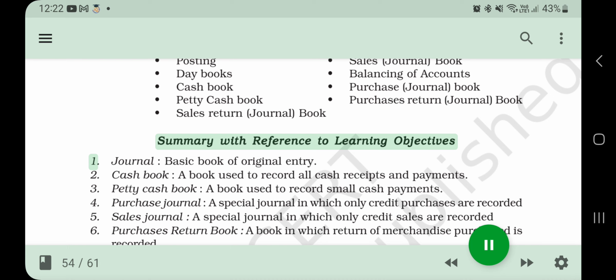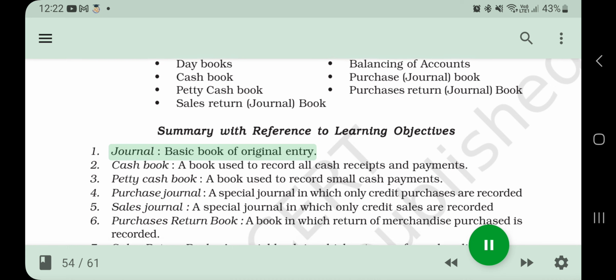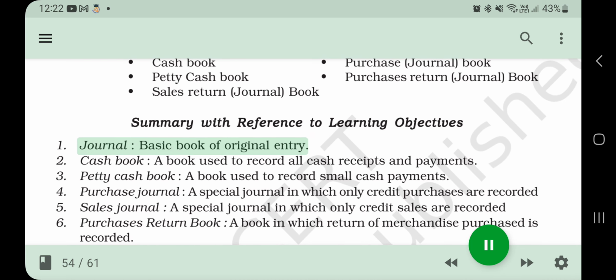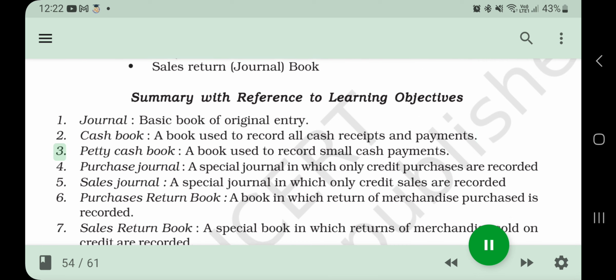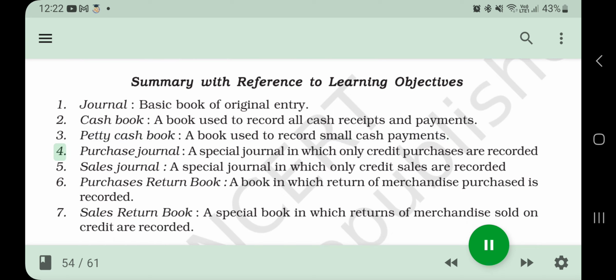Summary with reference to learning objectives. 1. Journal, basic book of original entry. 2. Cash book, a book used to record all cash receipts and payments. 3. Petty cash book, a book used to record small cash payments. 4.